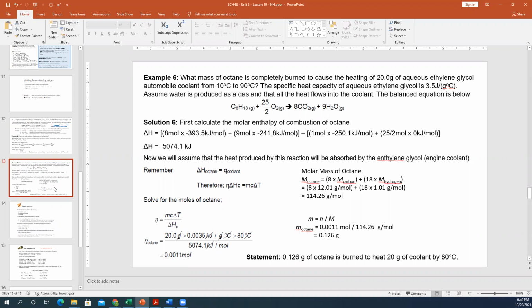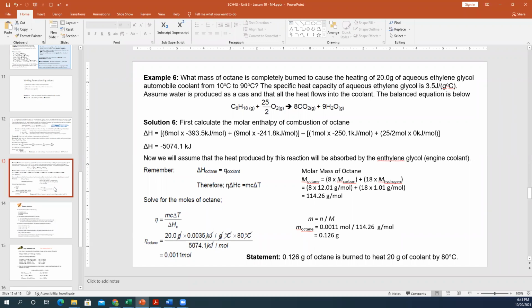And the specific heat capacity of aqueous ethylene glycol is given as 3.5 joules per gram degree Celsius. And you're told that you can assume water is produced as a gas and that all the heat flows into the coolant. And the balanced equation is even given below.